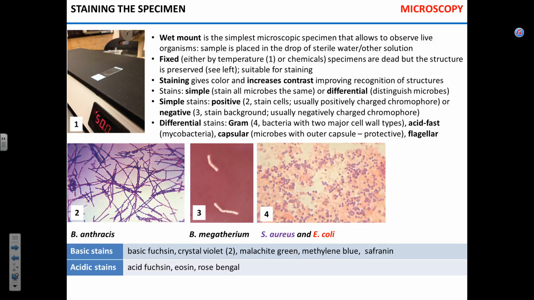Sometimes, when I don't know if I'm going to pierce it through or do something else, I hold my hand and just touch it, and then you mix it in the drop. It's your wet mount. You're good. You cover it with a cover slip and go ahead. Look at it. That's ready to go. Okay?